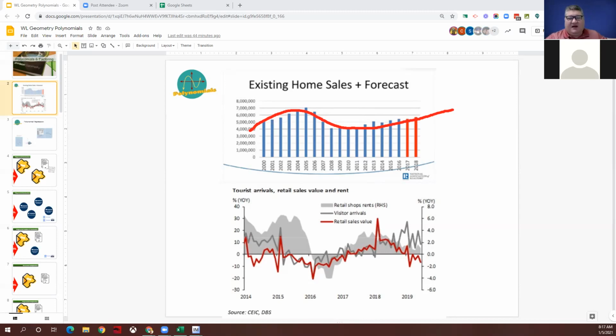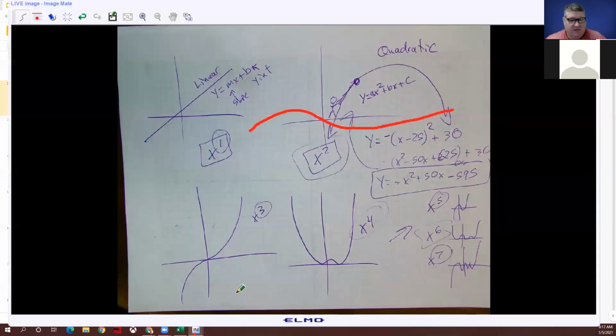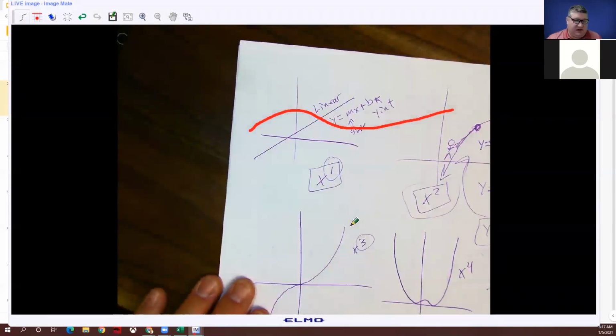Yes. Now my question to you is, which type of equation does this red line look like that we've taken a look at? Which one of these red lines does it match?